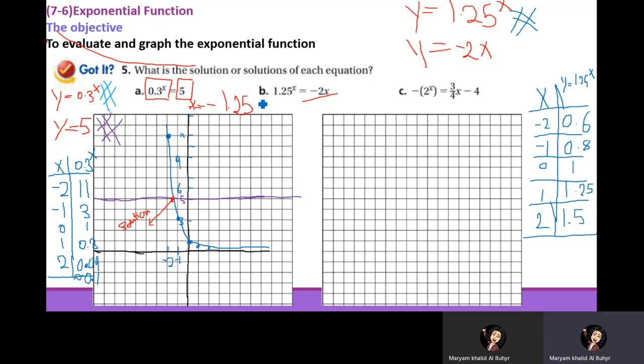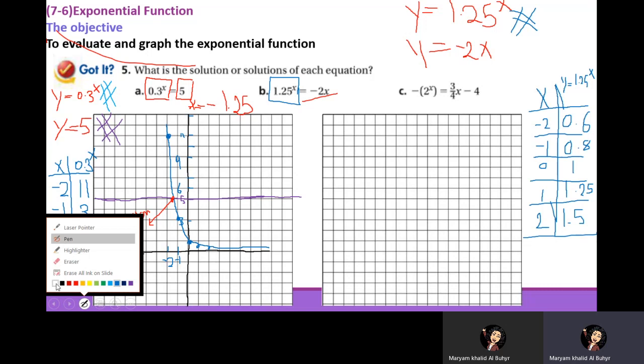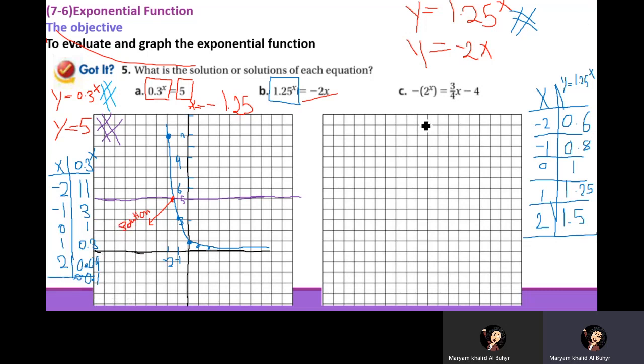Let's graph the first equation. So all the idea here in separating these equations is to do the exponential part alone and the linear part alone, and then graph them on the same coordinate plane.